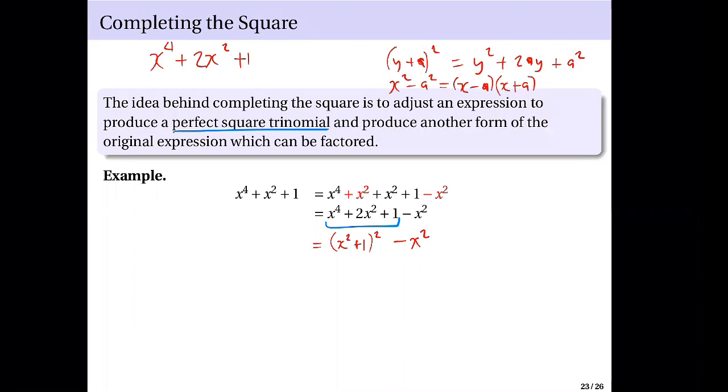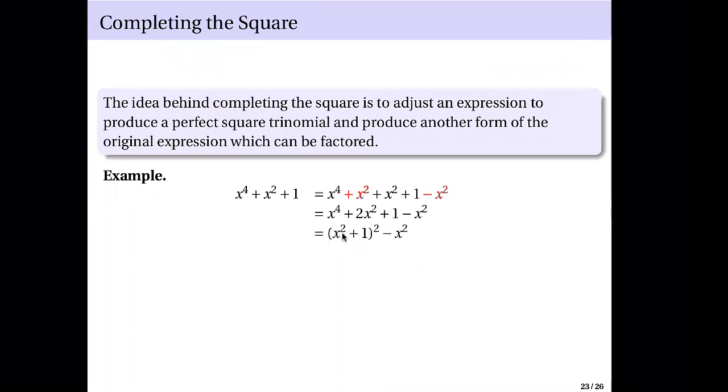Let us continue with the slide. So you have x squared plus 1 quantity squared minus x squared. Difference of two squares, we will now have x squared plus 1, that's your x squared plus 1 here, and then minus x. And then you have x squared plus 1 in here plus x.